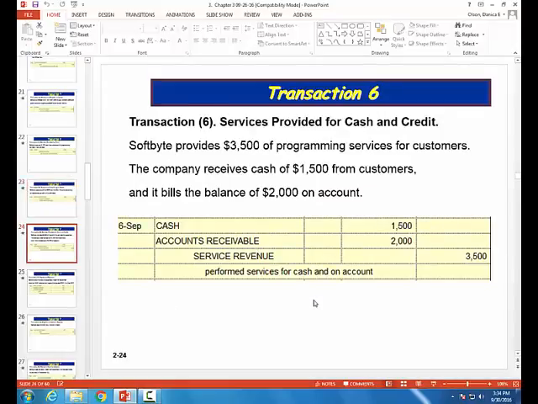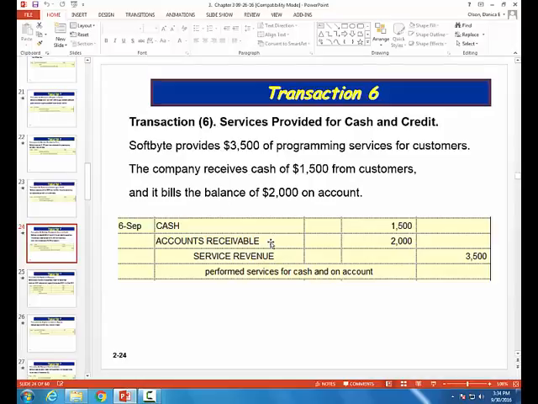Transaction 6 is a compound journal entry. We provide $3,500 of services for cash, and our customers promise to pay us later. When the company receives cash, cash increases. To increase cash, we do a debit of $1,500. A customer promises to pay later.